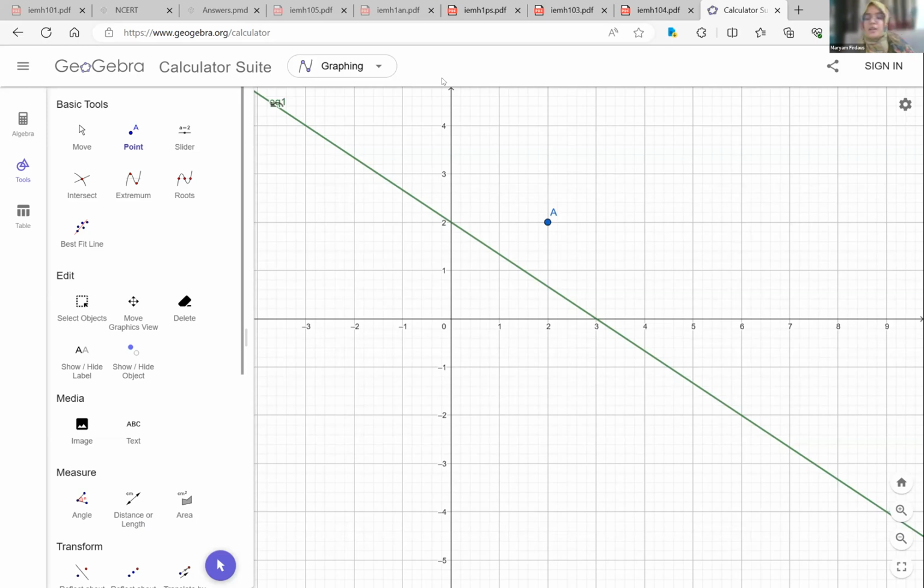What they're asking is to check whether this point lies on this green line.